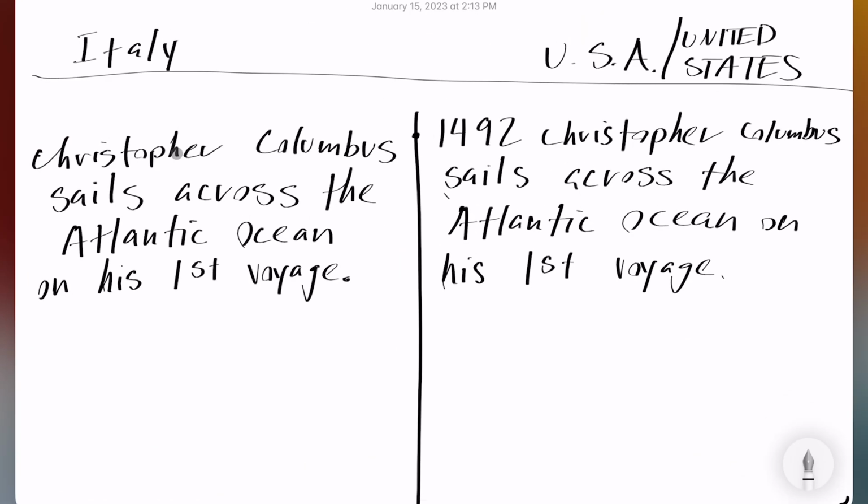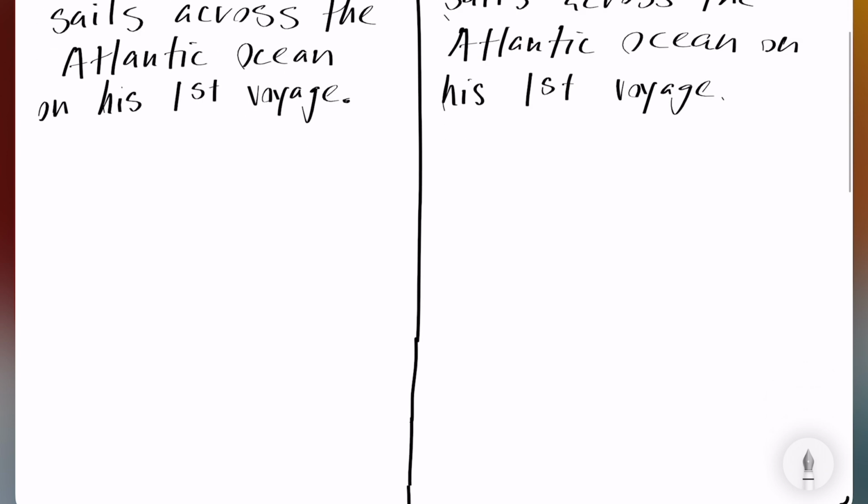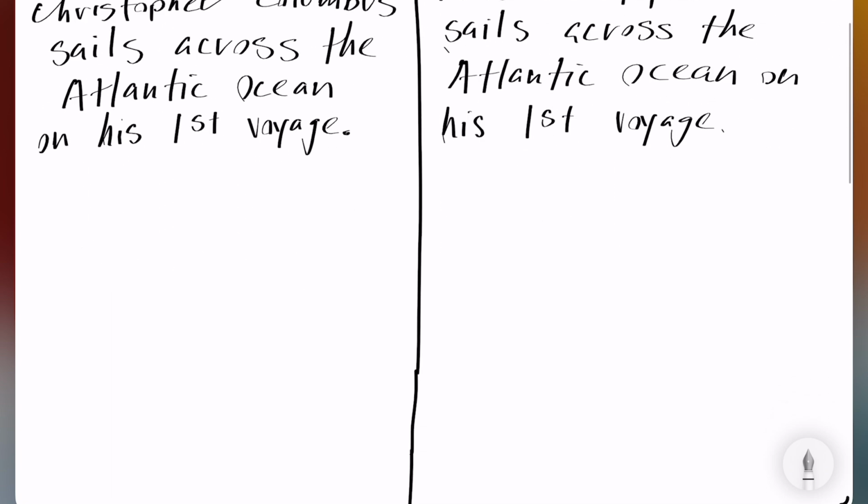Let me show you what I mean. So we have a few wars that happen, okay? We have in 1494, the first Italian War begins. So we can write that here in our timeline. Our first Italian War begins.